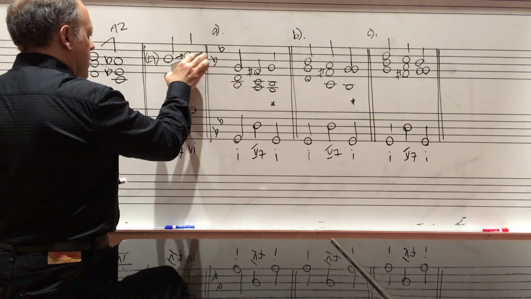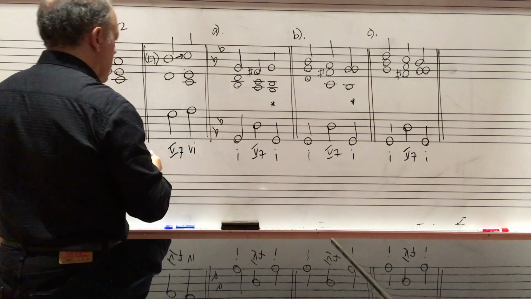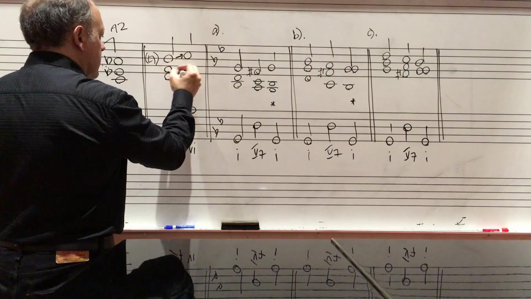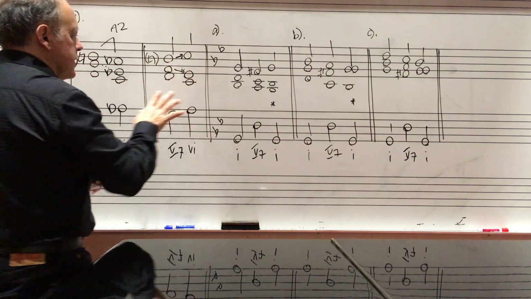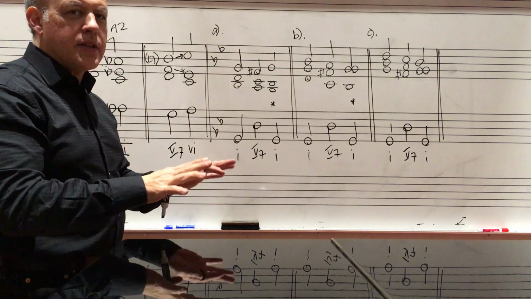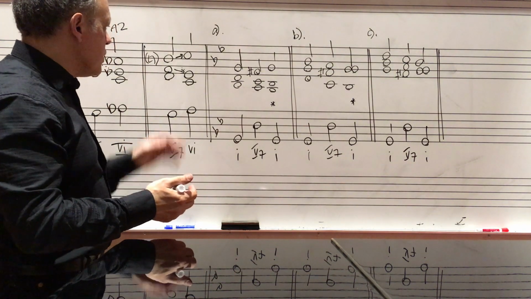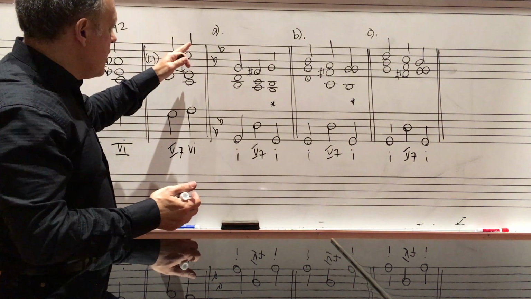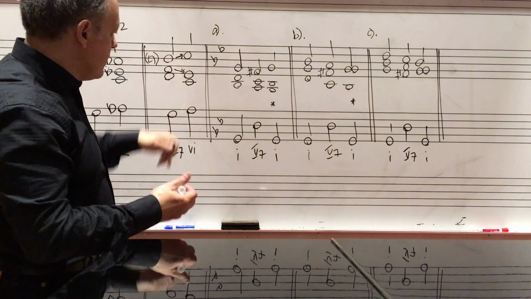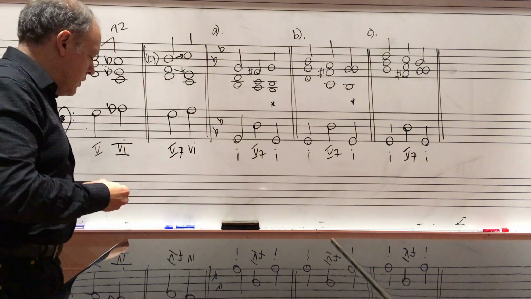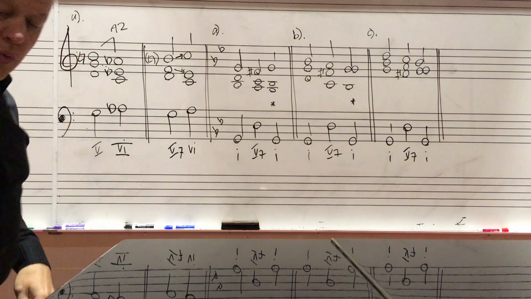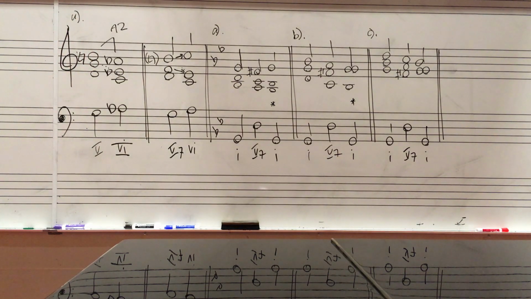Because I would hear what sound like tendency tones resolving as they should for a conventional dominant seventh resolution. The third of the chord rising, the leading tone rising, the seventh falling by step. And that's going to be true whether it's in major or in minor.